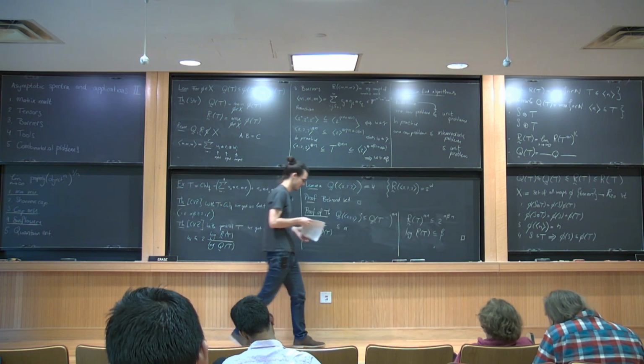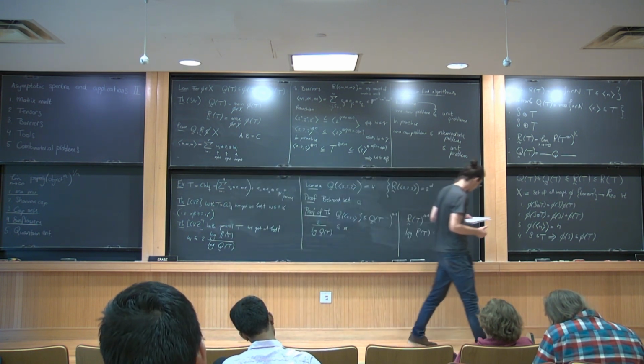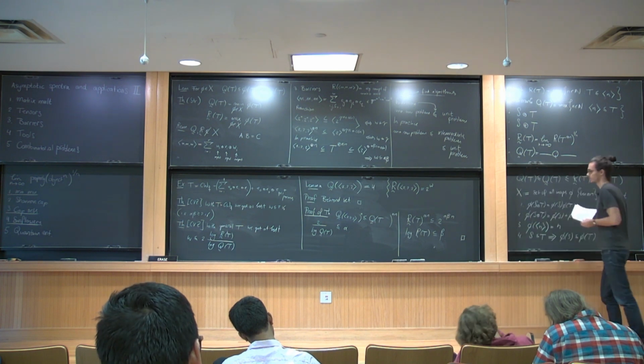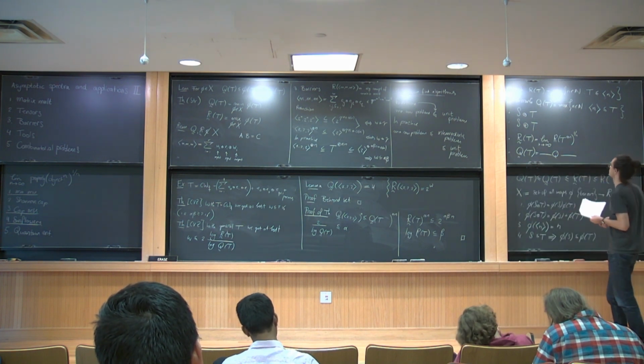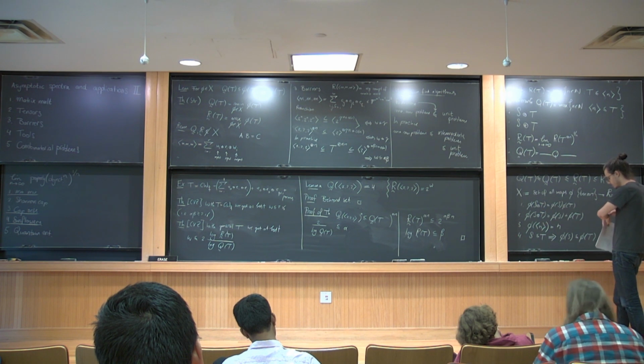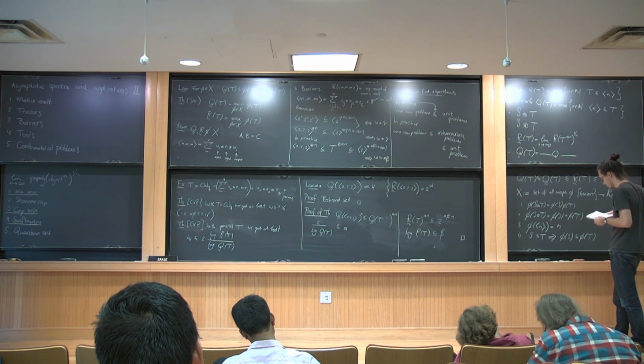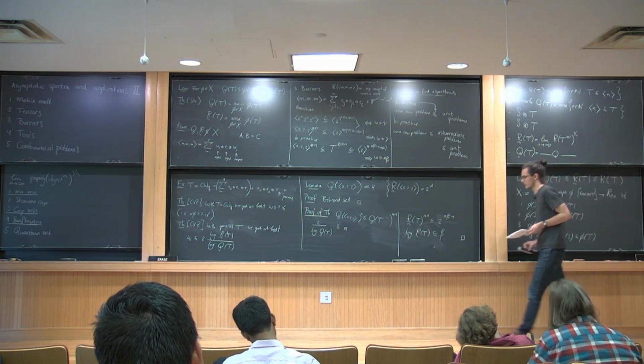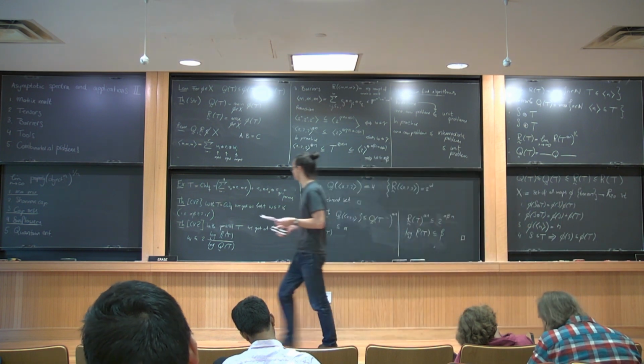Right. So that's good. So we have the general theorem, and now I want to talk about how we get the numerical barrier, right? So we have the general theorem.